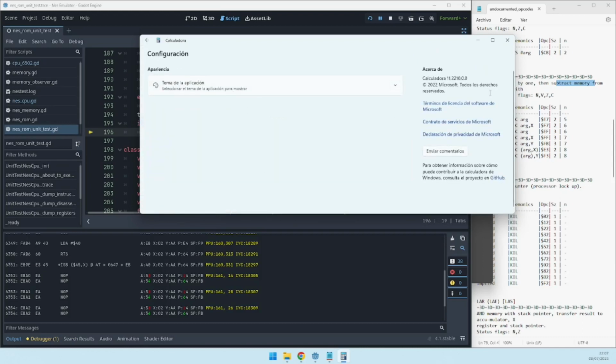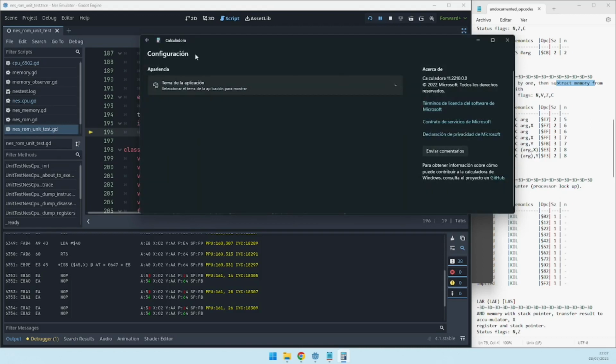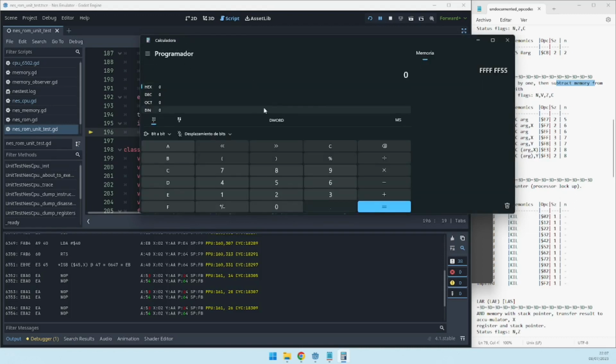Configuration. Why are some things in Spanish? Oh, I can make it dark. Thank you. So bit shifting, arithmetic, logic.